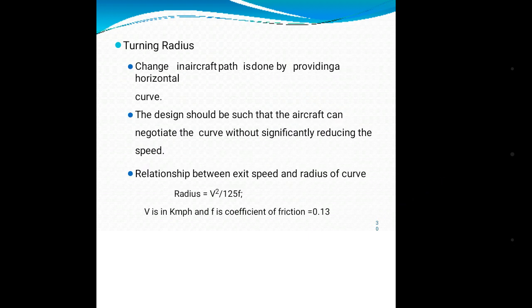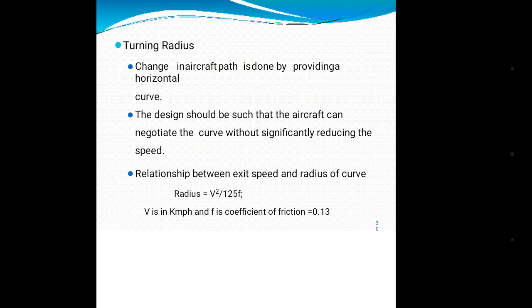Next, turning radius. Now again we have one problem on the taxiway, that is exit taxiways, and this particular part is important. The change in aircraft path is done by providing a horizontal curve. The design should be such that the aircraft can negotiate the curve without significantly reducing the speed.